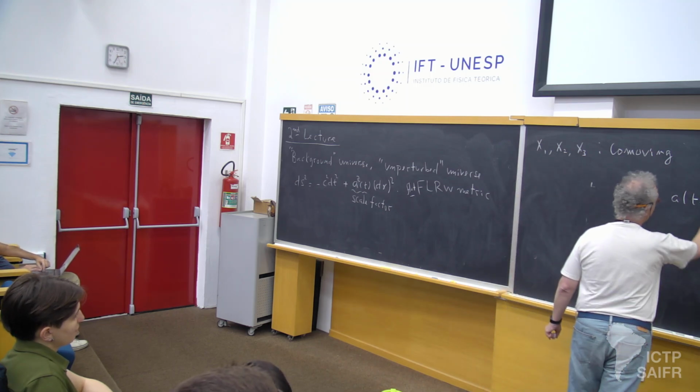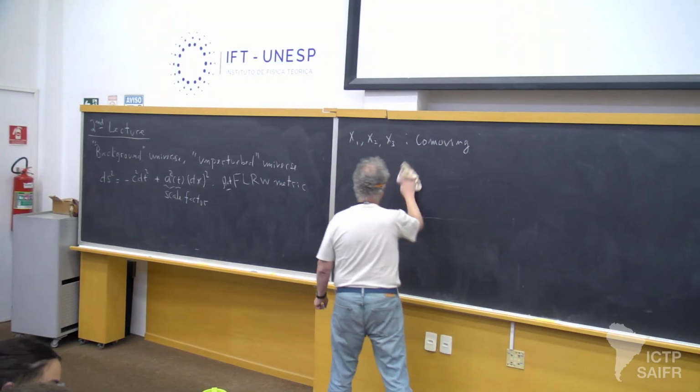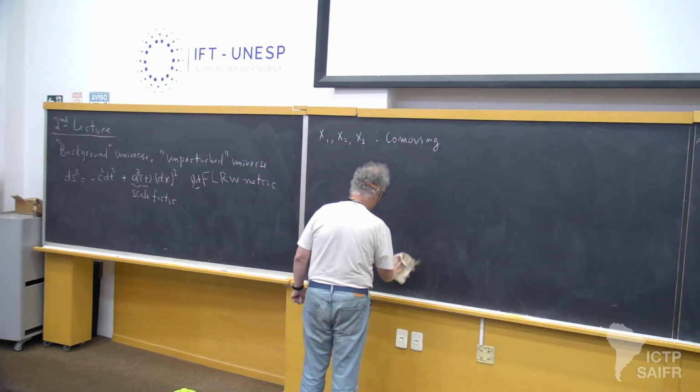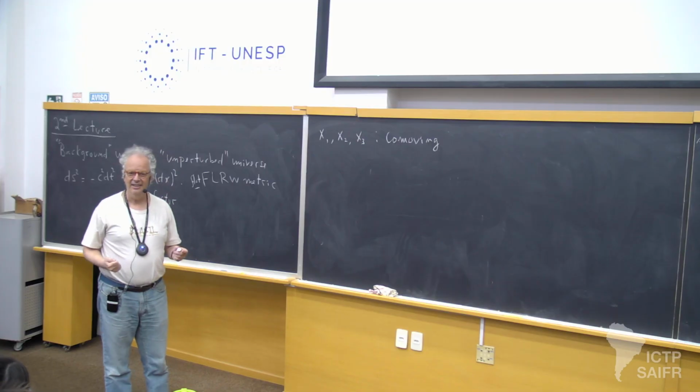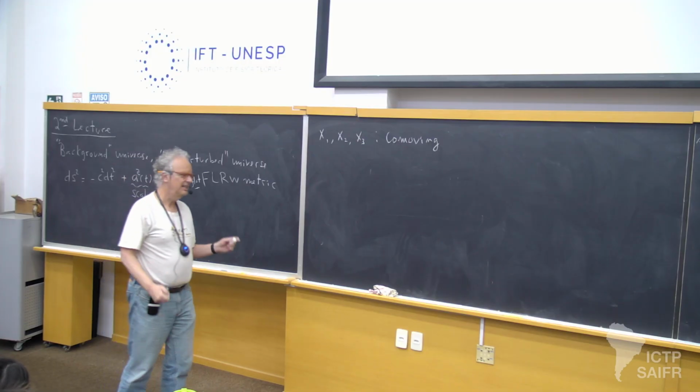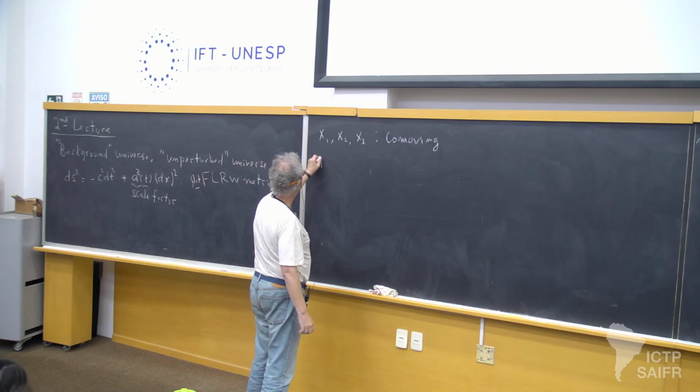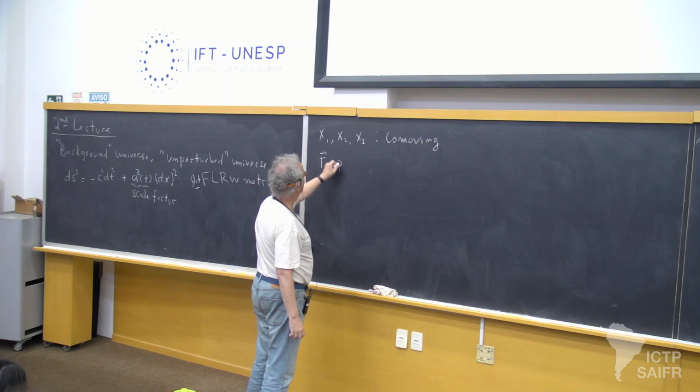Now this has a very interesting consequence, because we can ask what is the relation between the physical coordinates and the comoving coordinates? I will call r the physical coordinates.